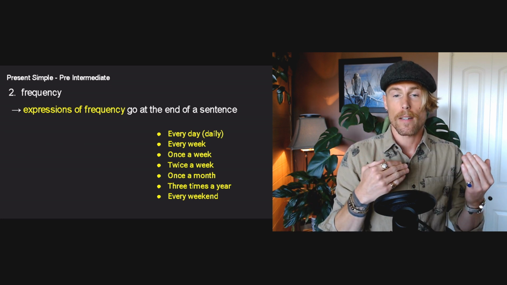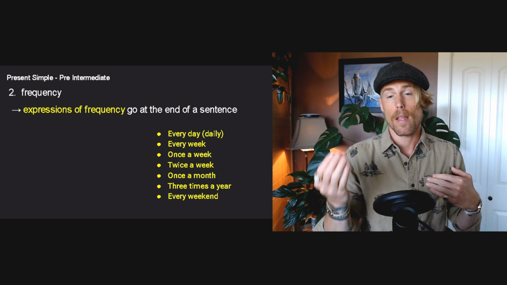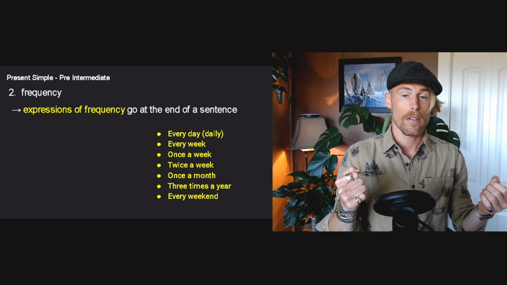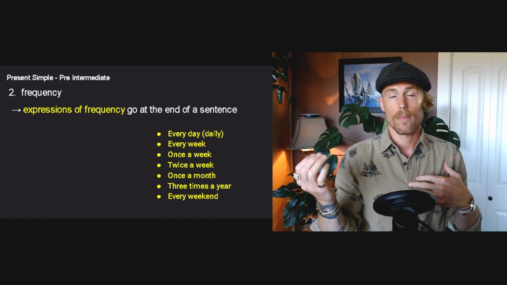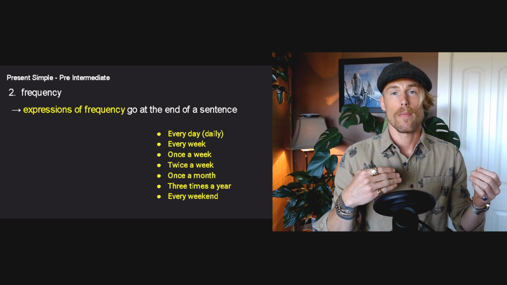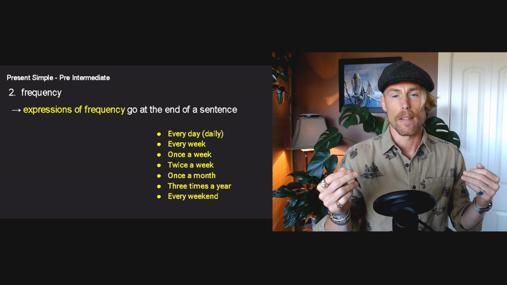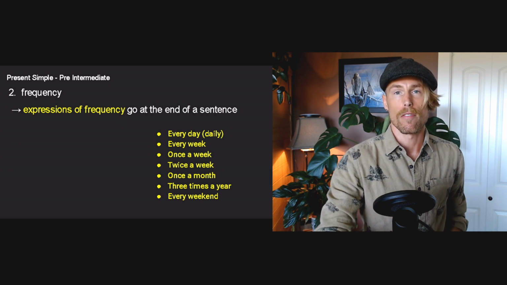Every week, once a week, twice a week, once a month, 3 times a year, every weekend, on the weekend, right? At night, in the morning. These are common expressions of frequency.